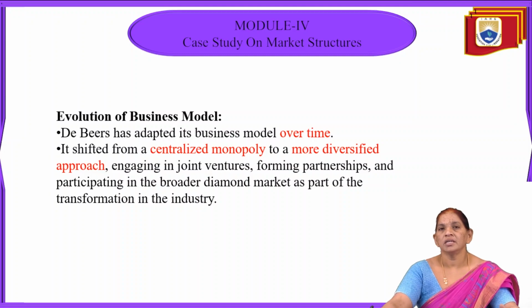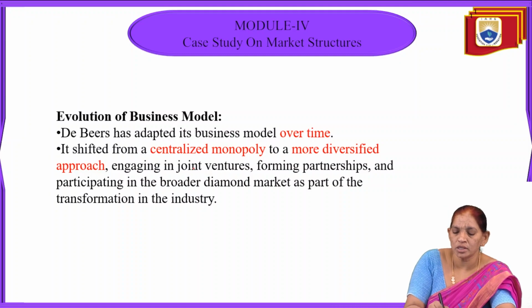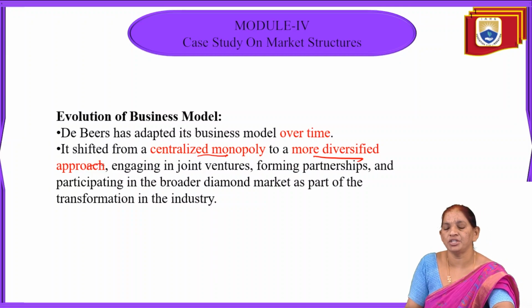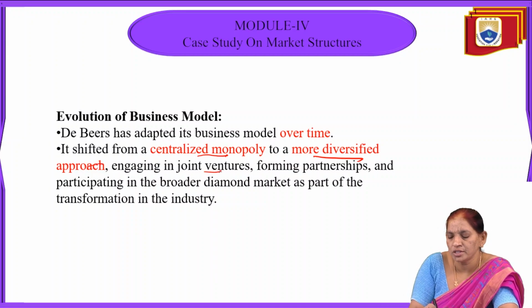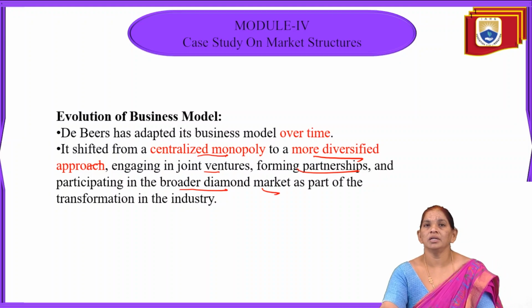So De Beers has seen an evolution of its business model. It adopted a new business model over a period of time, where it shifted from a centralized, individual monopoly to a more diverse approach which engaged joint ventures, forming partnerships and participating in the broader diamond market as a part of the transformation in the industry.